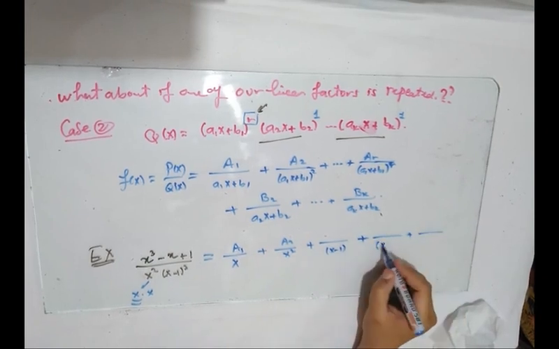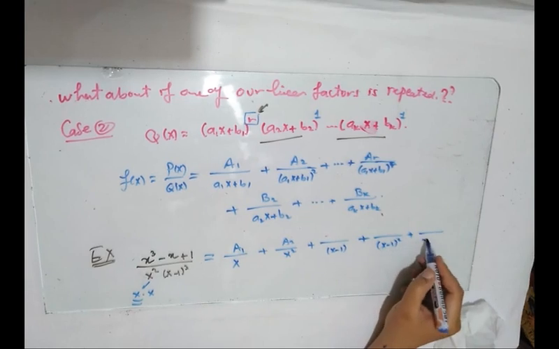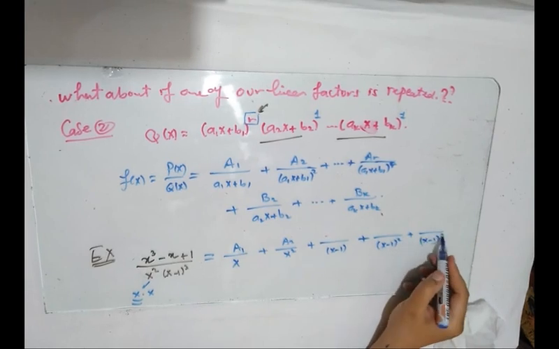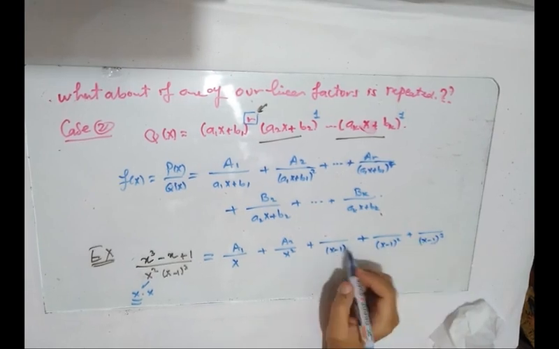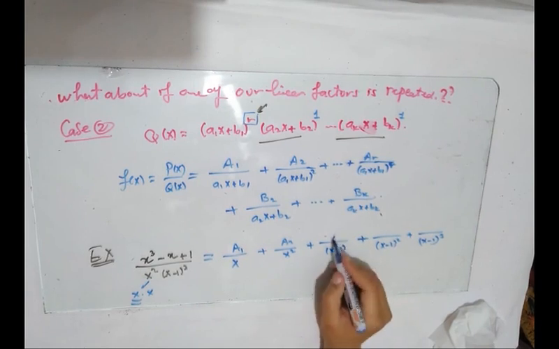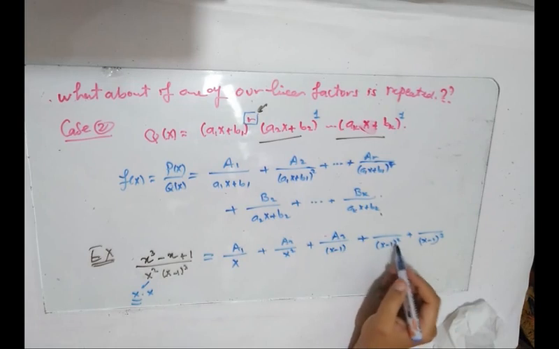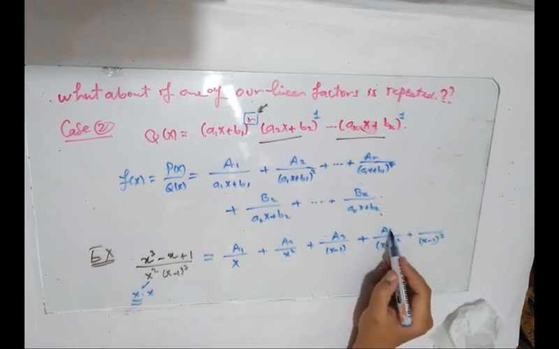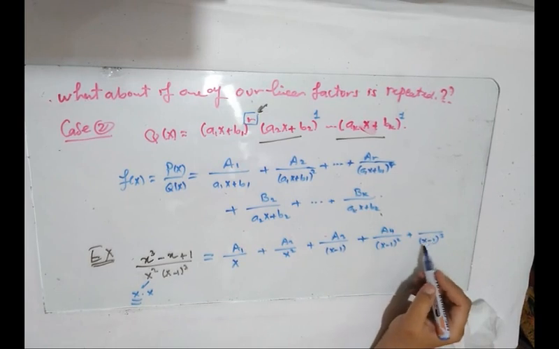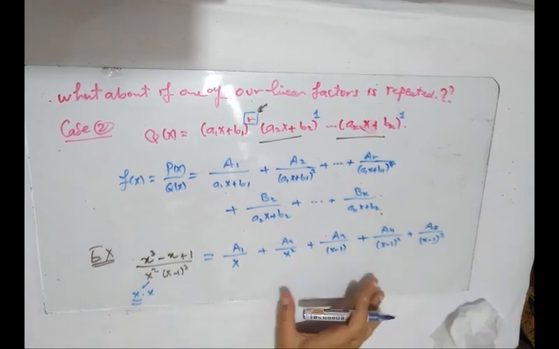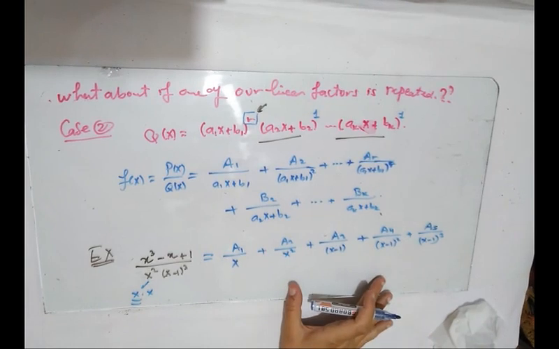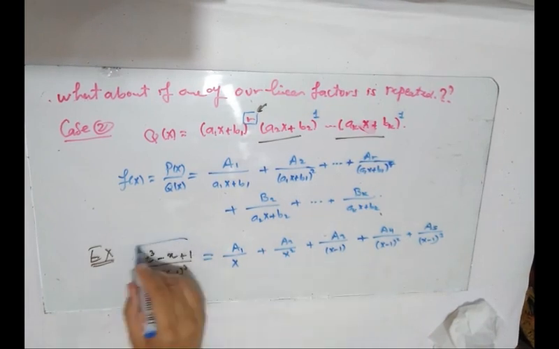So it will be x minus 1 and (x minus 1) squared and (x minus 1) cubed. So this is linear, so we will write a constant again, and so on. So this will be the partial fraction decomposition of this rational function.